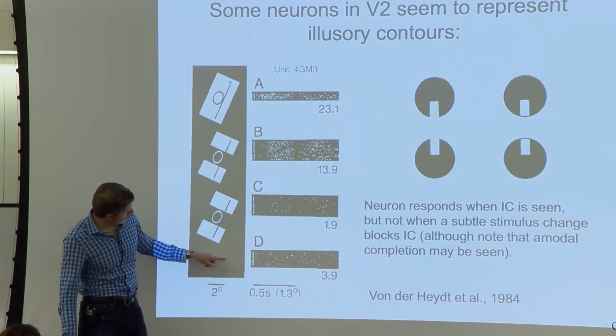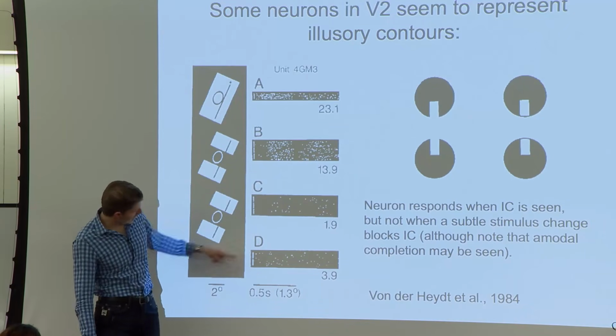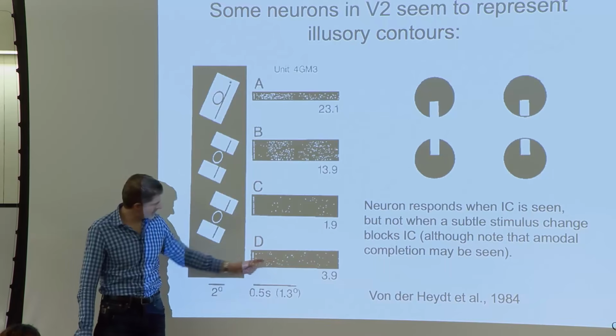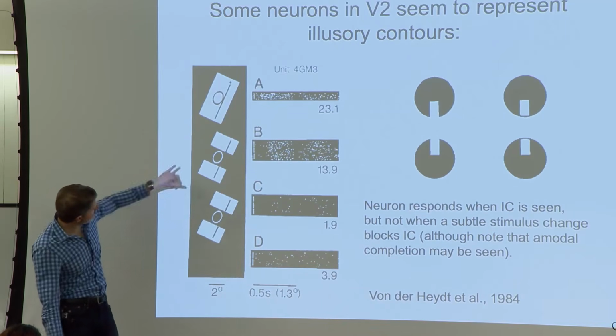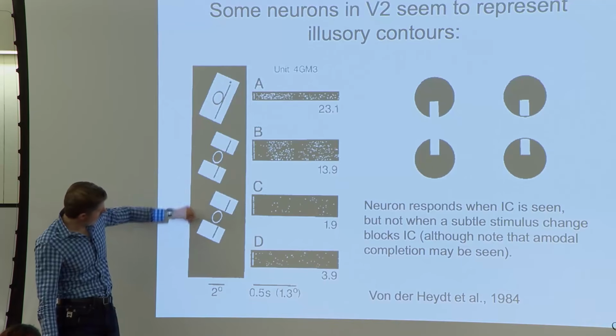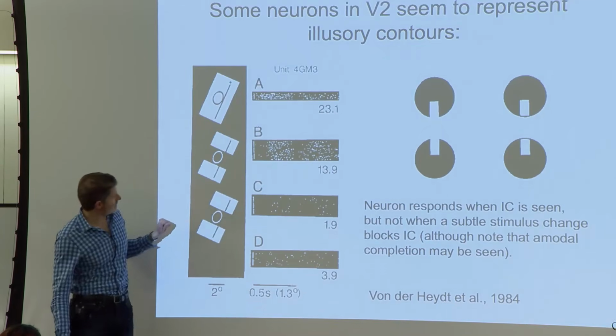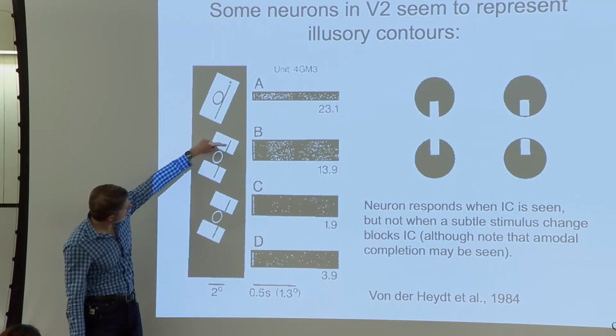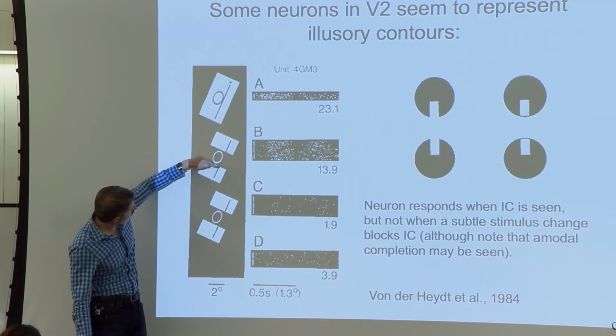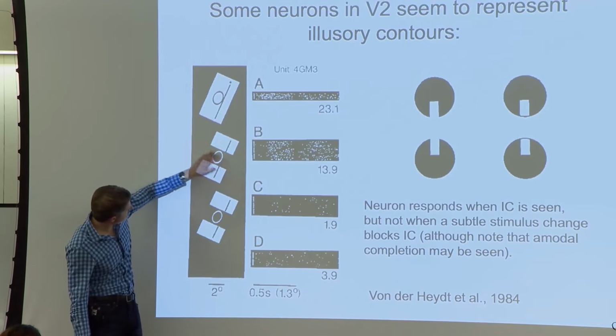Down here, D is just what happens if there's nothing in the receptive field. So this is just spontaneous activity, so you don't have a whole lot of spikes there. And the two interesting conditions are the ones shown here. This is a really old figure, and it's a little hard to see, but this is an illusory contour. We've got a black line here and a black line here, and then this region here is also black.